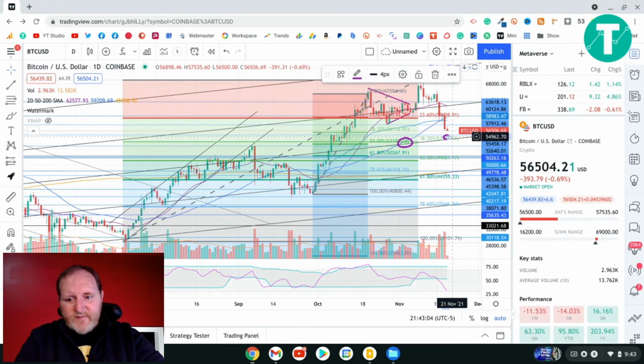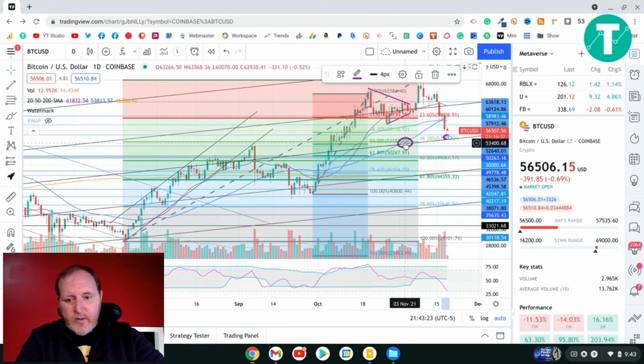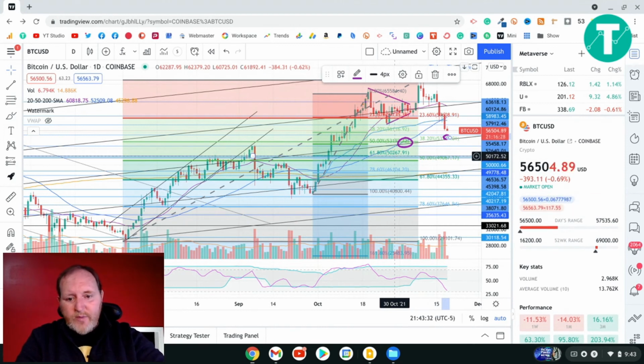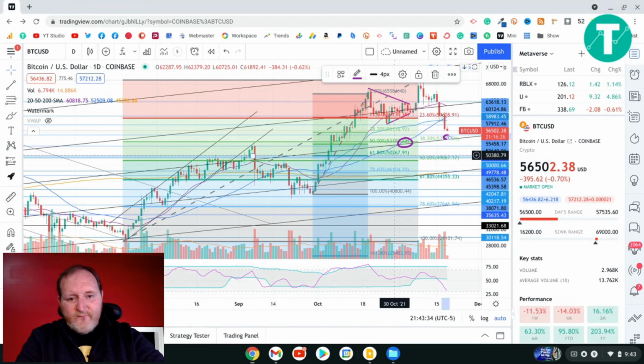54,500. That is the next support line for Bitcoin. It's at 56,500 right now at the time of this recording. And as it continues to fall, we should find support at 54,500. That's the next important area. Now, below that, we have the area at 53,400. And then the next one down, which would be the strongest support line that we have, is at $50,000 for Bitcoin.